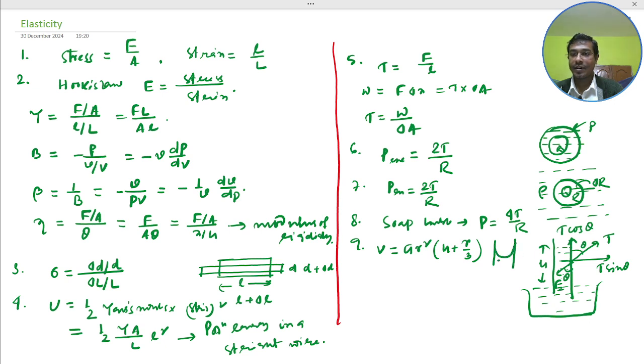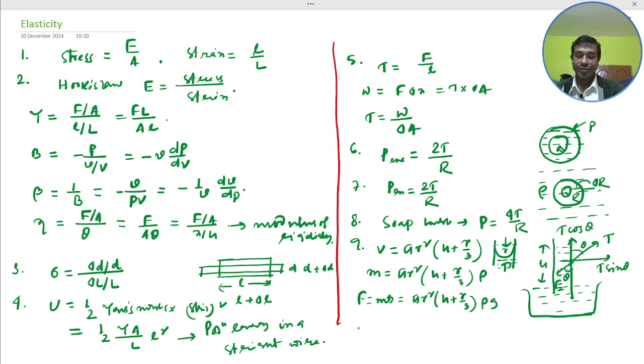And next one, the mass M would become pi r squared h plus r by 3 into rho, basically rho equal to M by V. And the weight, F equal to mg, would become pi r squared h plus r by 3 into rho g.